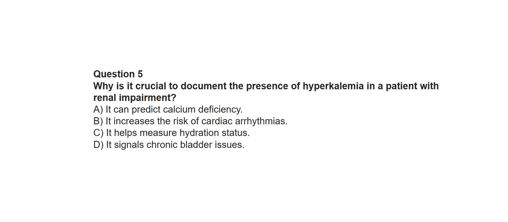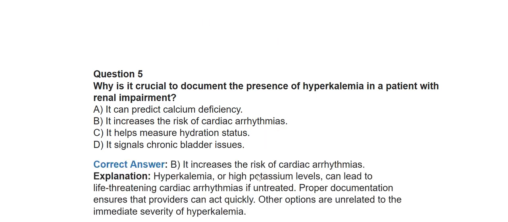If we remember, we talked about high potassium levels, hyperkalemia, as could be seen through ECG or EKG findings, and we said something called a tall or peaked T wave. Since it is an ECG or EKG finding, which means heart, the only choice here that is a complication related to the heart is B, as it increases the risk of cardiac arrhythmias.